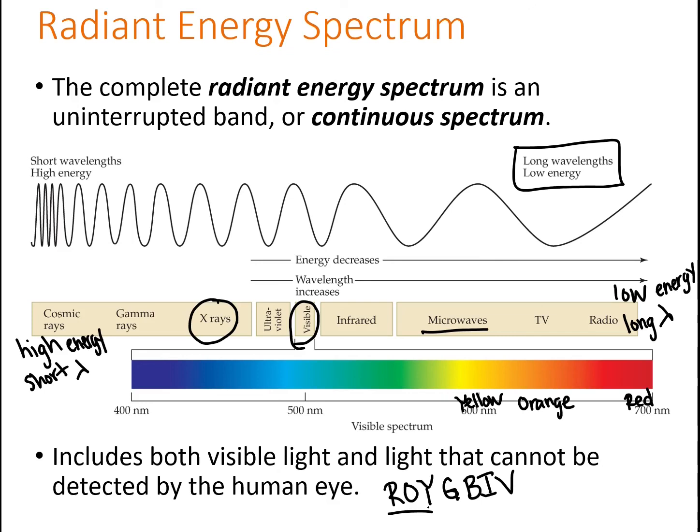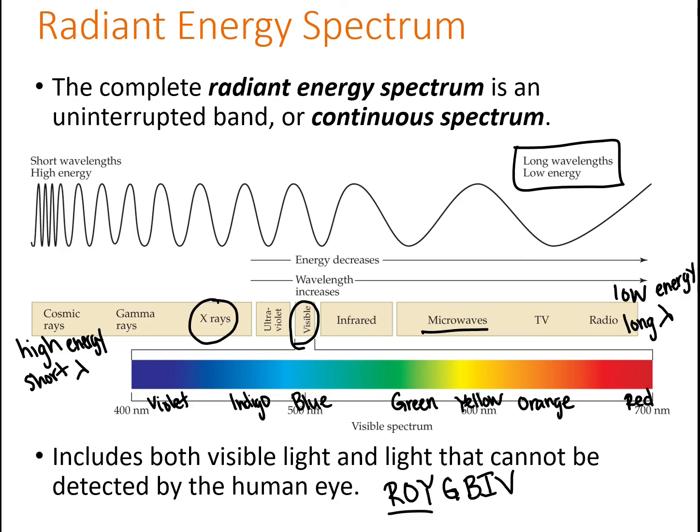That's Roy. G is green. Then we have blue, indigo, which is a deeper blue, and violet, purple. Okay.